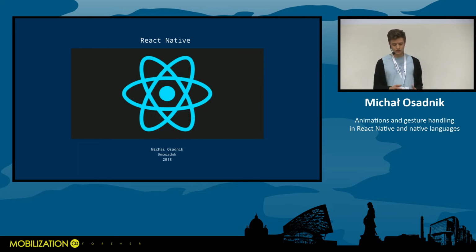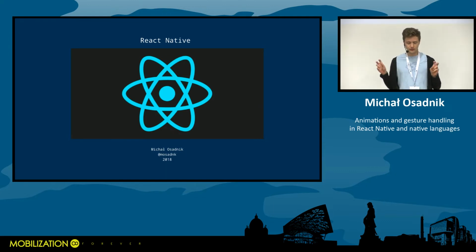But there's also another method, less popular, although it has been growing in popularity lately, using languages that are not supported natively. But using some tools it's possible to run non-native code, which may have some advantages for developers, like increasing the speed of writing code or making the code base cross-platform. One of these languages is JavaScript, and React Native is the tool which makes it possible to run JavaScript on both Android and iOS devices.